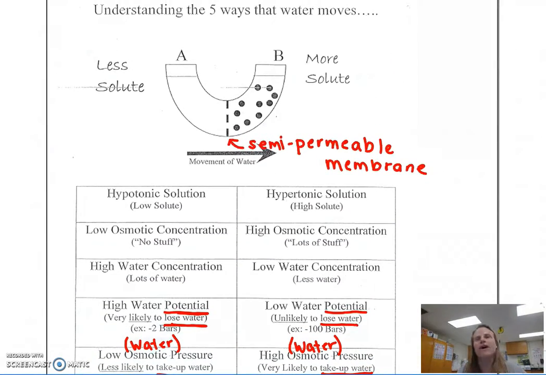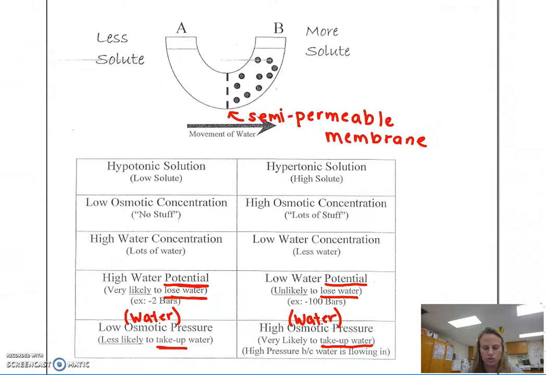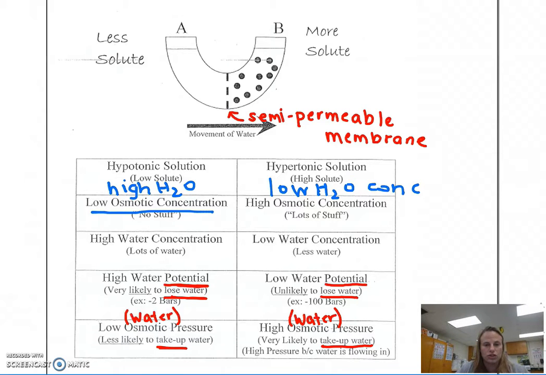There are also additional vocabulary words that we can use to describe solutions or solutes in a hypotonic situation versus a hypertonic situation. If I have a hypotonic solution, I know that I have a low solute concentration, so I've got a high water concentration. If I have a hypertonic solution, I have a high solute concentration, but a low water concentration, which is the same as saying I have low osmotic concentration in my hypotonic solution, and I have a high water concentration on that side.